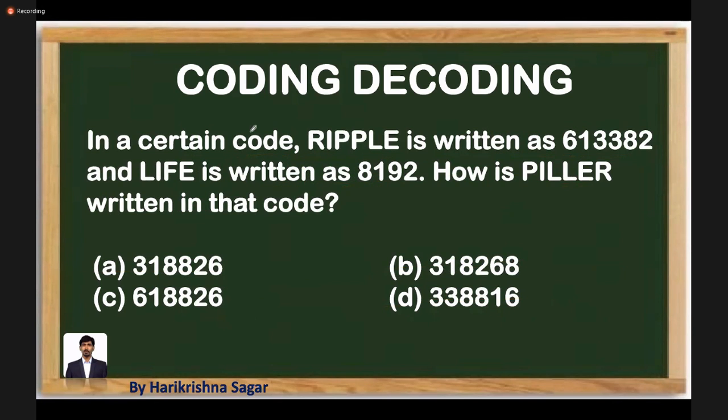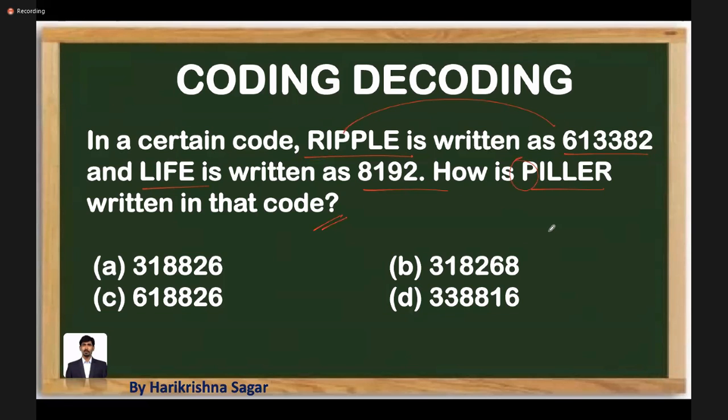Look at the next question. In a certain code, Ripple is coded as this. Life is coded as this. Then how is the word pillar coded in that code? You can observe, what is the code for P?